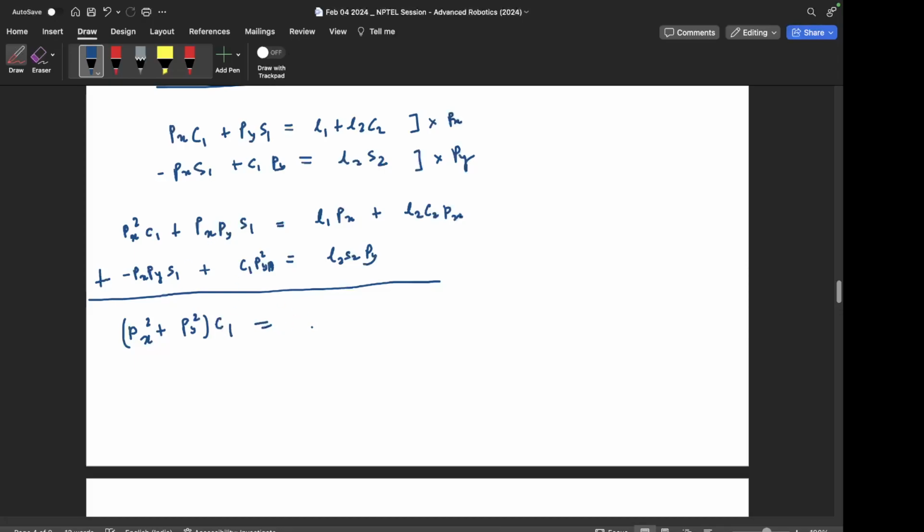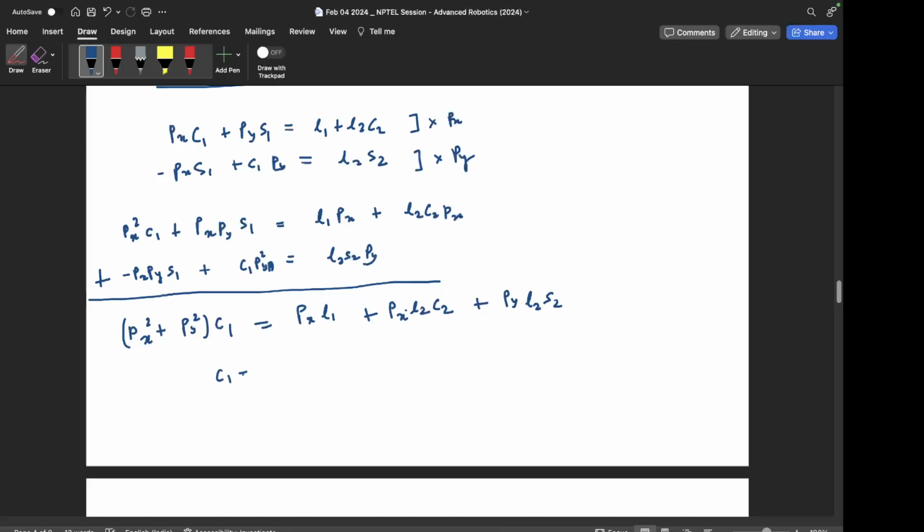On the right hand side we have Px L1 plus Px L2 C2 plus Py L2 S2, right?